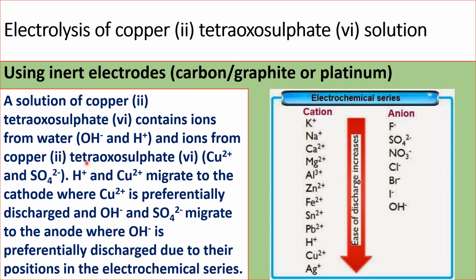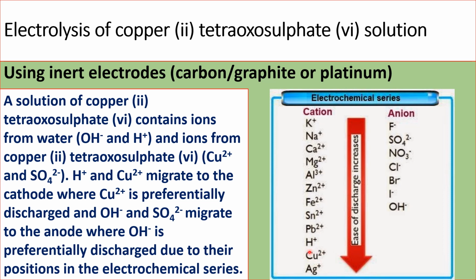So the two cations present here, hydrogen ion and copper(II) ion, migrate to the cathode, but only one of them will be discharged, and that is going to be the copper(II) ion because it is lower in the electrochemical series.